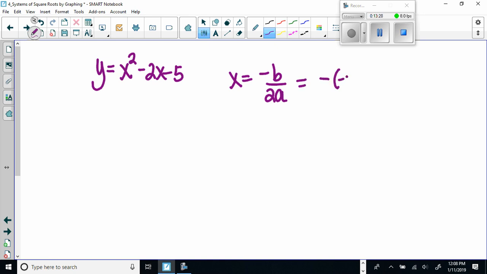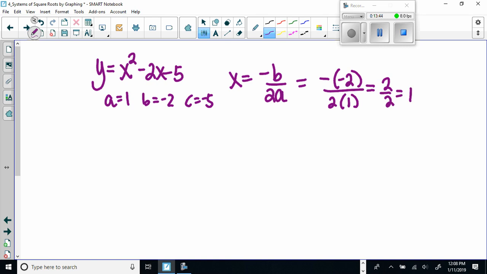So negative times -2 over 2 times 1, right? Because my a value is 1, my b value is -2, my c value is -5. So I end up with 2 over 2, which equals 1. So my vertex, my h, k, is 1 comma something.